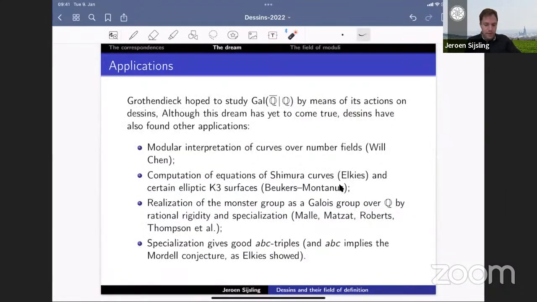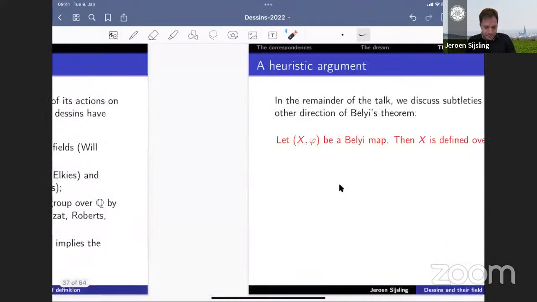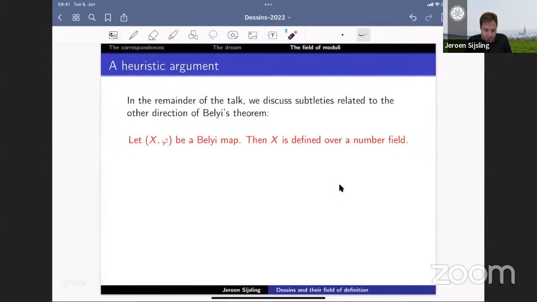And you also get good ABC triples when you specialize in the same way. In fact, Elkies used dessins and Belyi maps to show that the ABC conjecture implies a Mordell conjecture. So this is very worthwhile, even though the theme didn't quite work out yet as intended.